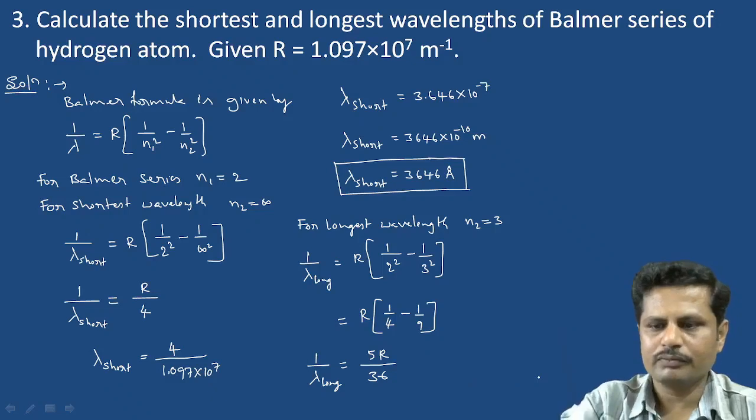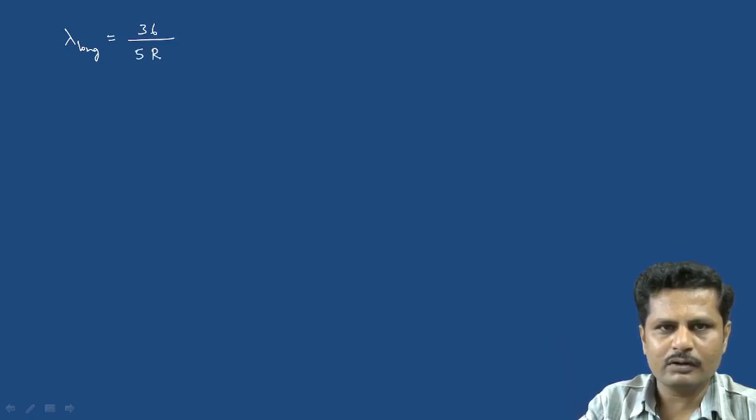Now the longest wavelength can be written as 36 divided by 5R. Substituting the value of the Rydberg constant, that is 36 divided by 5 into 1.097 into 10 raised to 7.